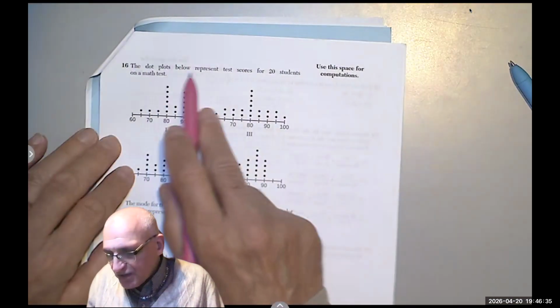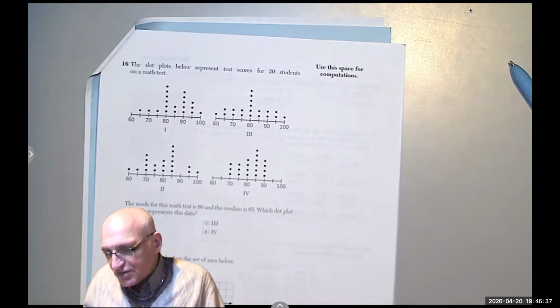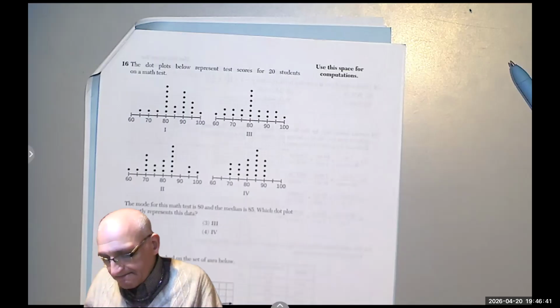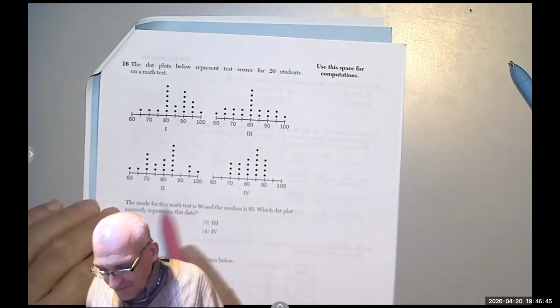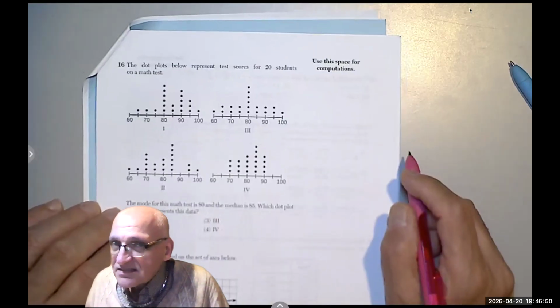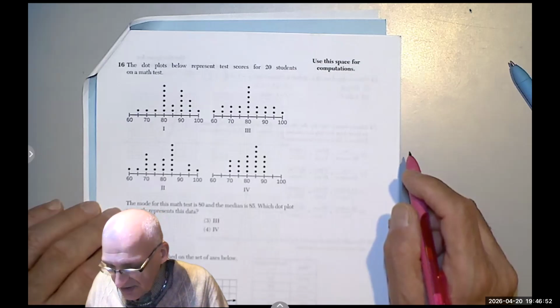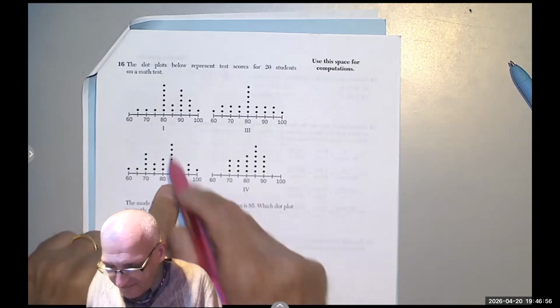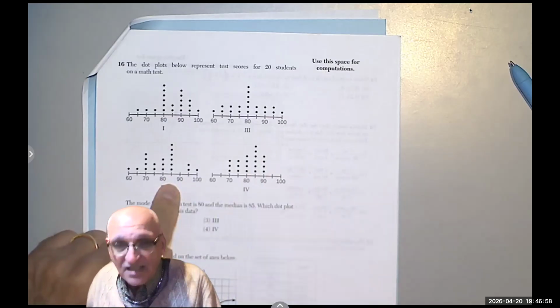The dot plots below represent test scores for 20 students on a math test. So they tell you the mode for this math is 80. What is the mode? Yes, the value that occurs the most. So I can ignore 2 and 4 because here the quantity is 85 and here the highest quantity is 85.